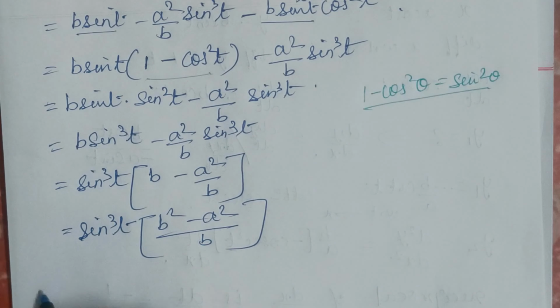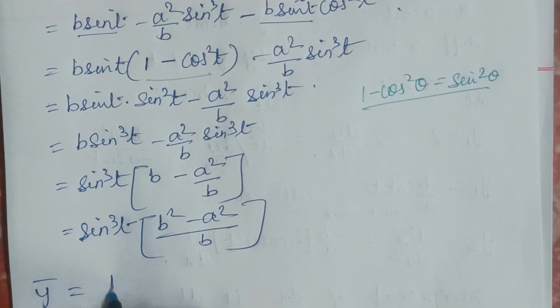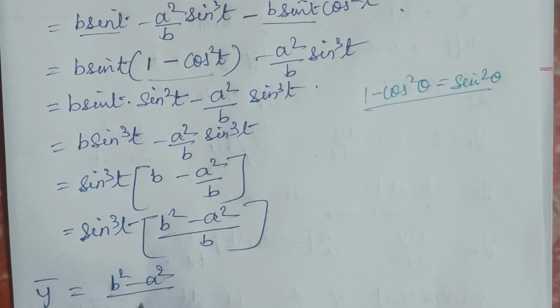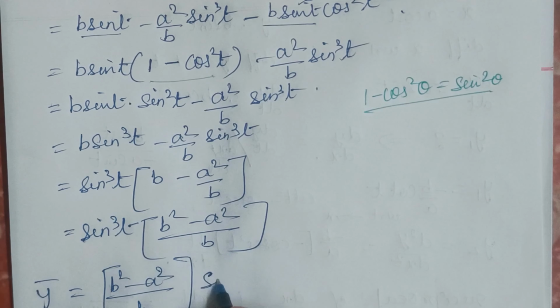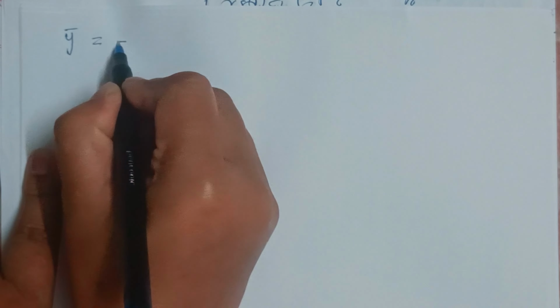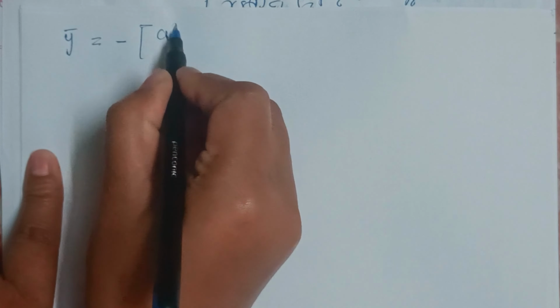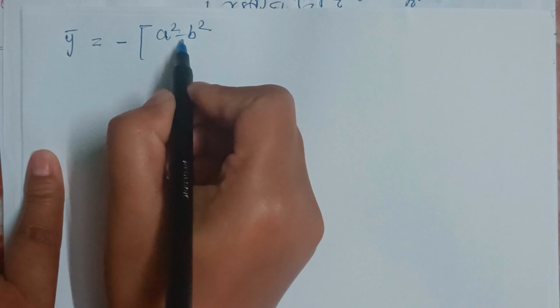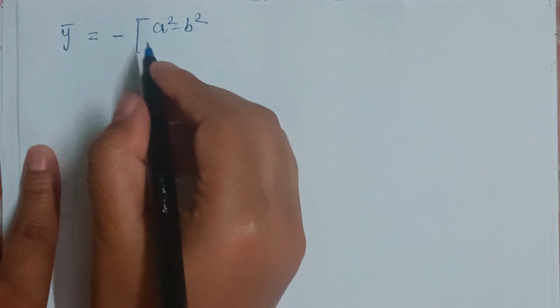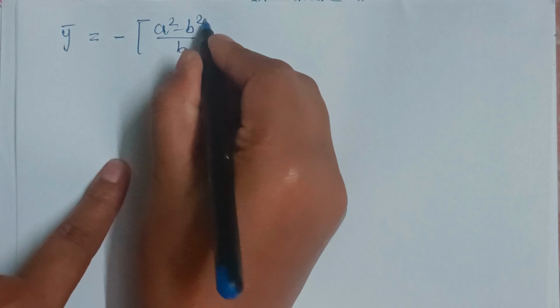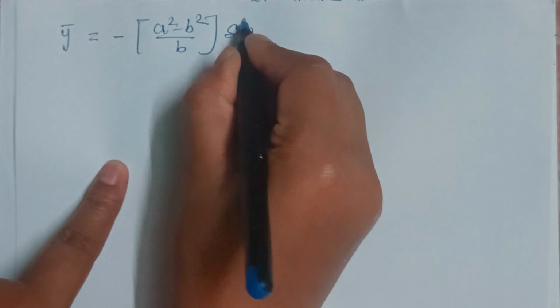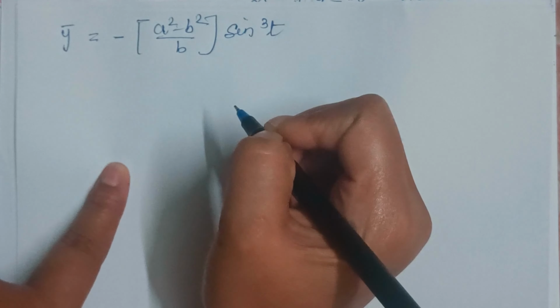This can also be written as y bar is equal to b square minus a square divided by b into sine cube t. Now y bar can be written as minus of a square minus b square divided by b into sine cube t. Correct?